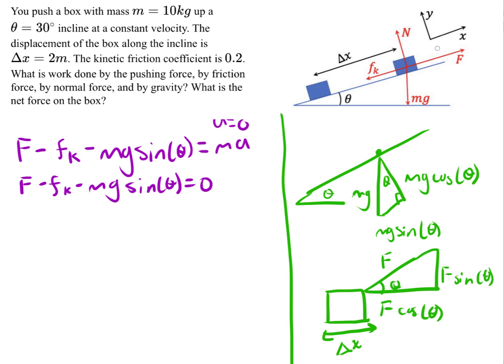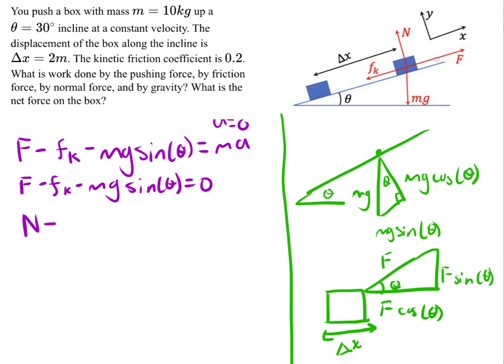Now, along this y-axis, or the one perpendicular to the incline, you can write a similar equation, except this time we're going to have to use the other part of the decomposed gravity vector. So the normal force is pointing up, and the gravitational force is pointing down. Again, we have to use the component that is perpendicular to the incline, because that's what we set up in our coordinate system.